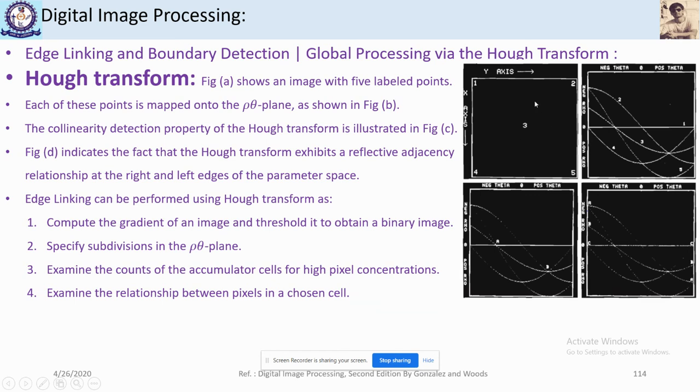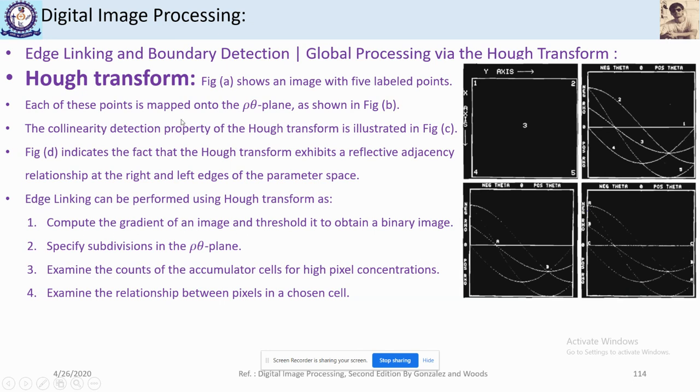So here, 2 and 5 are meeting at a point, so these two are adjacent to each other. That way this shows us the adjacency of these points.